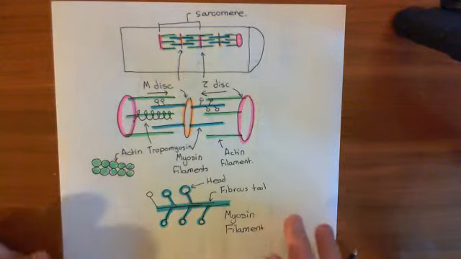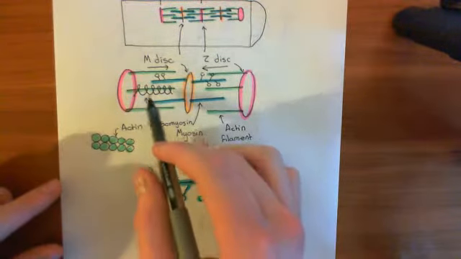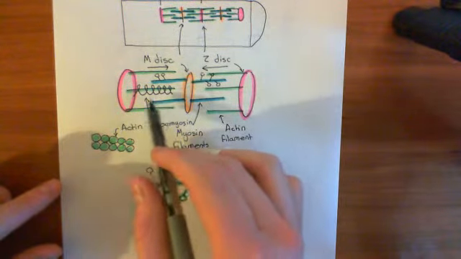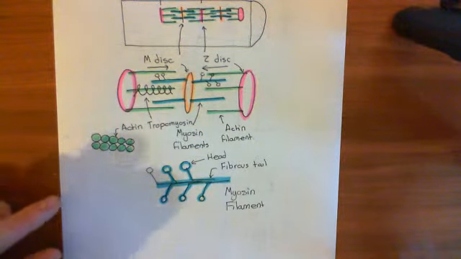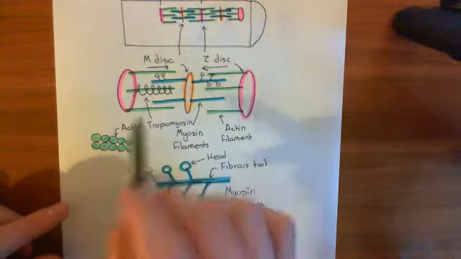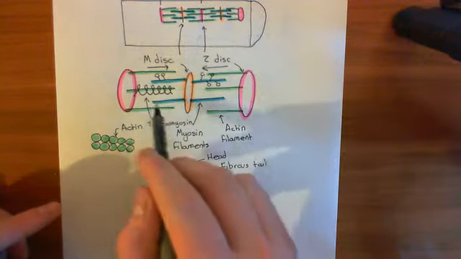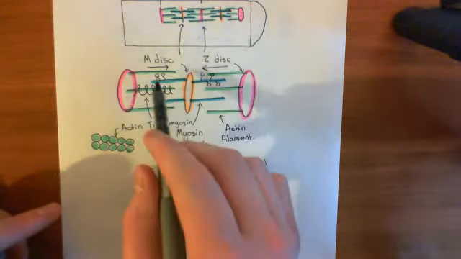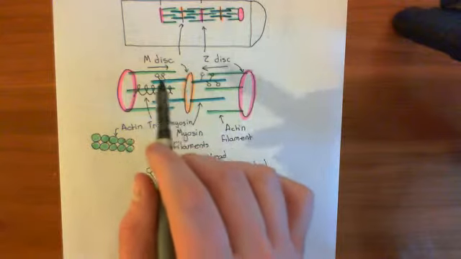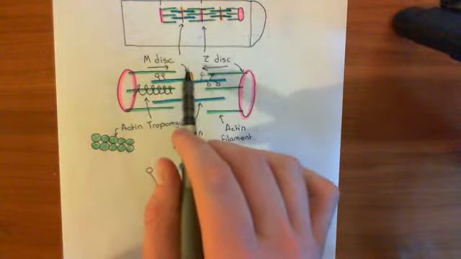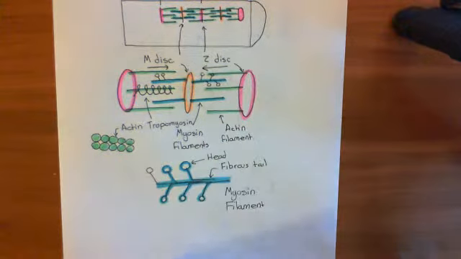So I've just told you about tropomyosin, which is this protein wrapped around the actin filament here, this sort of spring-like structure that I've drawn. Basically, when the heart is at rest, tropomyosin is stopping the myosin filaments from being able to interact with the actin filaments, and therefore stopping the myosin filament from pulling the actin filament this way in this case, and this way in this side's case.